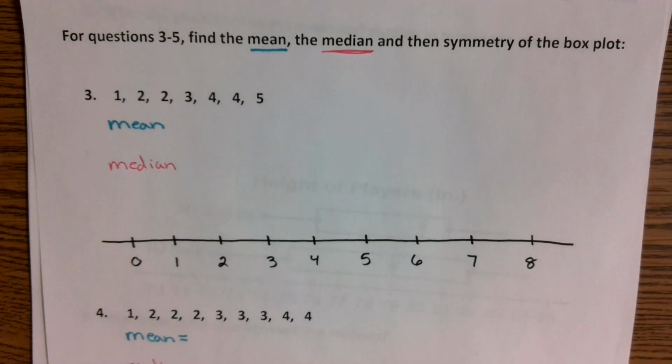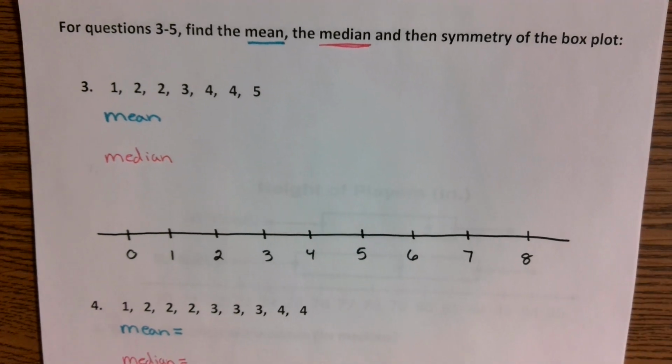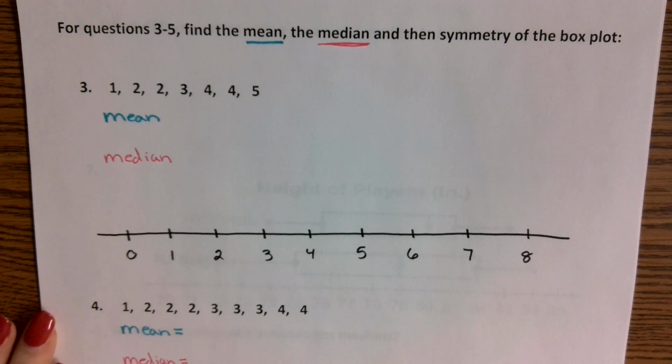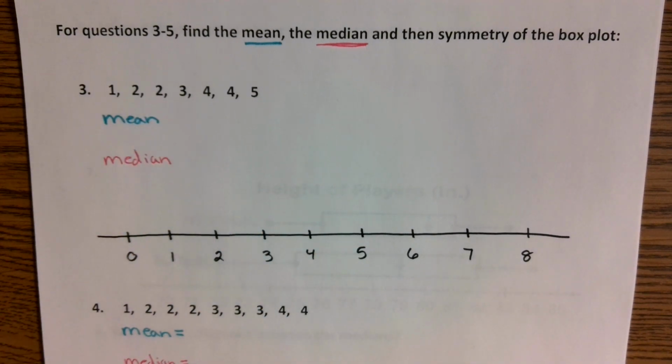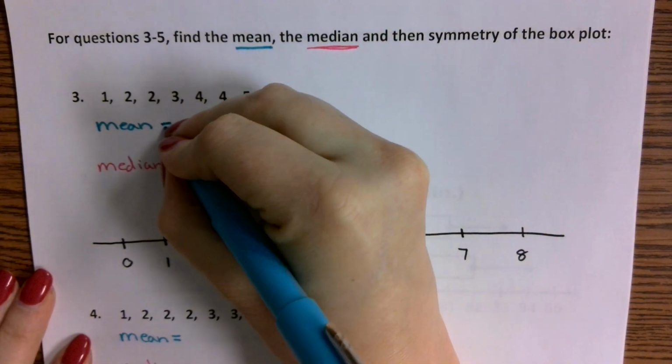Okay, let's go ahead and go over the means and medians for each of these problems real quickly. For problem number 3, to calculate the mean, remember you add all the values together.